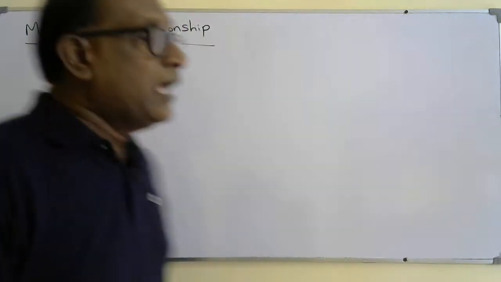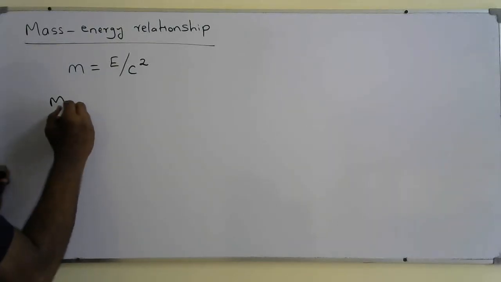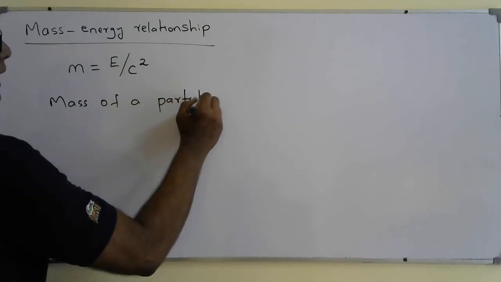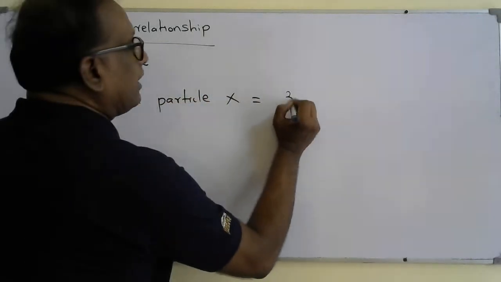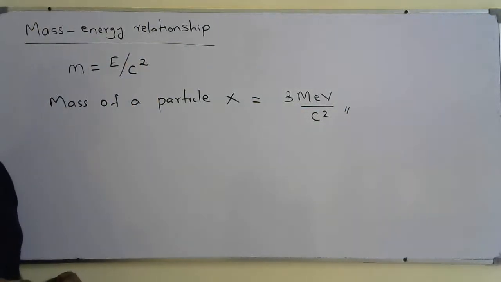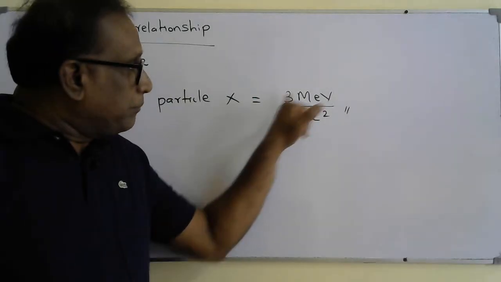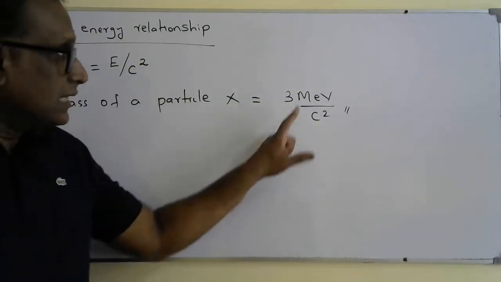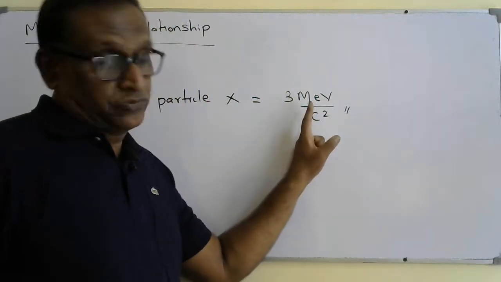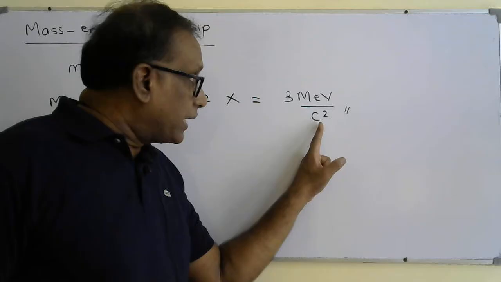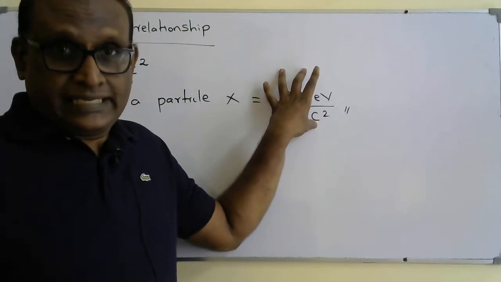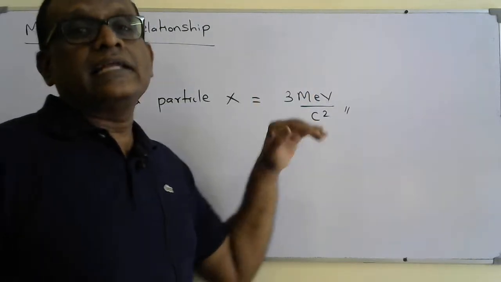For example, I can say the mass of a particle X is 3 mega electron volt over C squared. I can write it this way because it means the equivalent energy of that particle is 3 mega electron volts. I can convert it to joules and divide by C squared, and if I solve this, I will get the equivalent mass in kilograms.